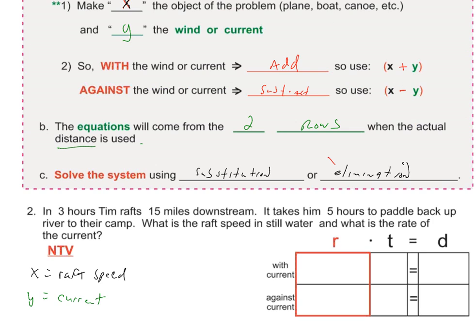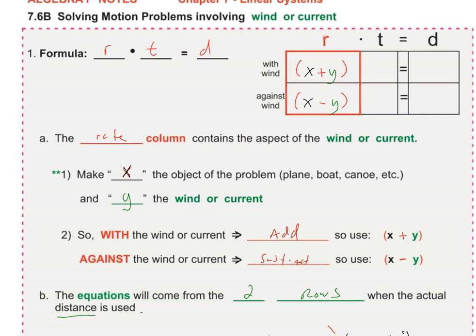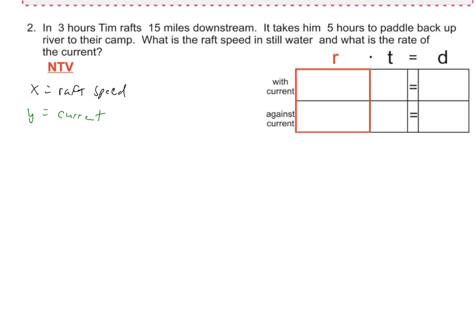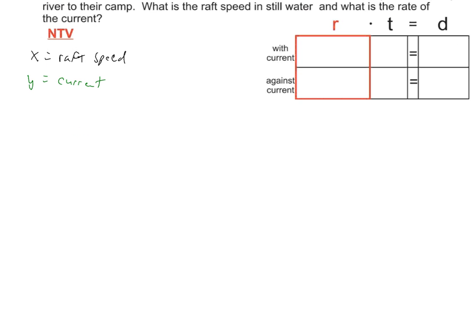All right, don't make this hard. Your rate column will always look like that if your top row is with wind or current and the bottom is against, and you make X the object and you make Y the wind or the current. Your chart will always look like that. Always. So what do we have here? And again, if you're smart, you'll use your parentheses. With the current is add, against is subtract.